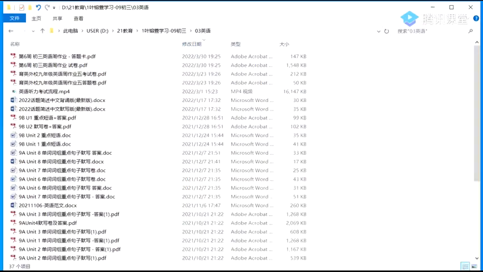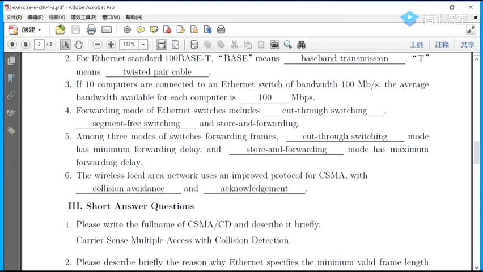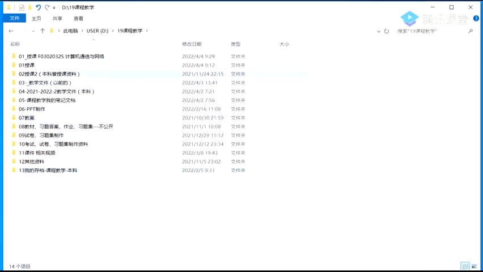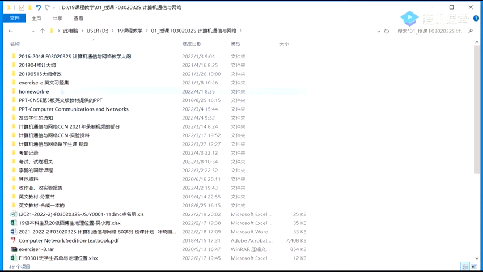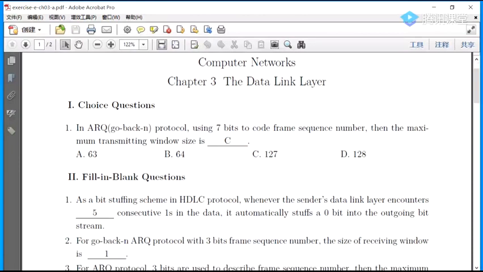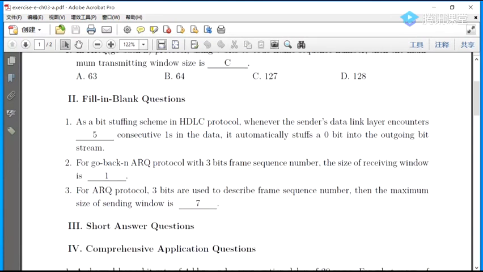And I will review the others. For the data link layer, chapter 3: C, 5 consecutive 1s.